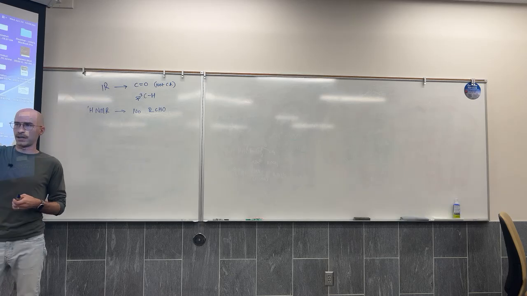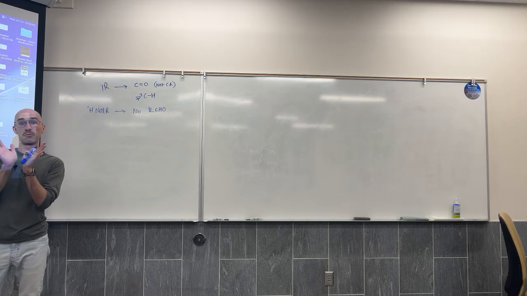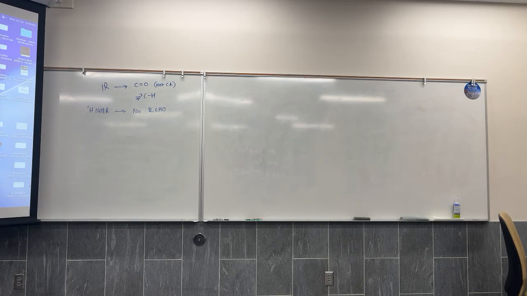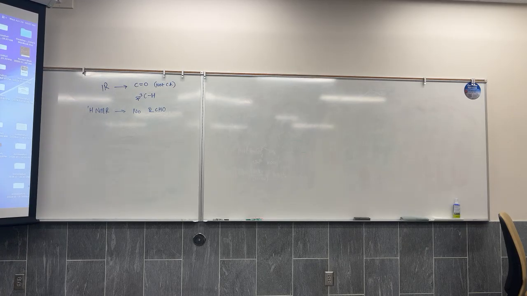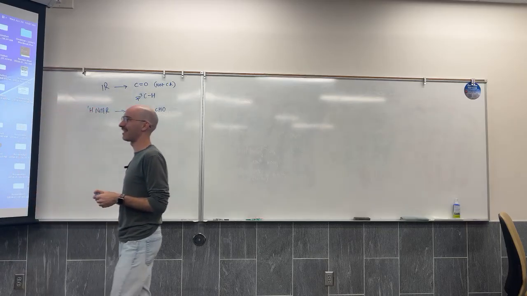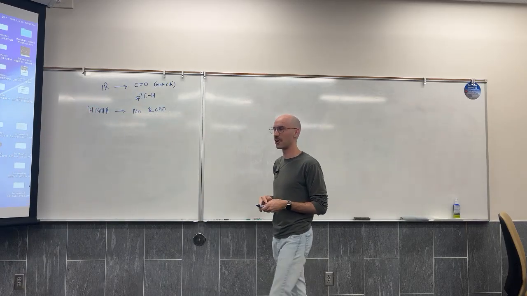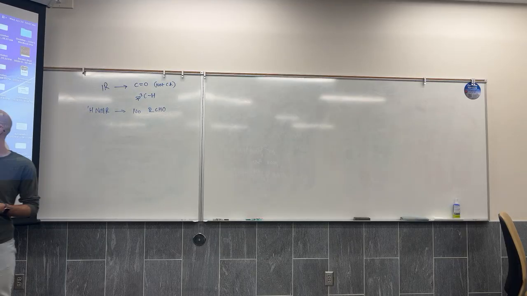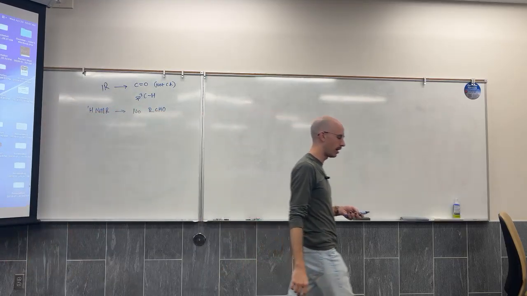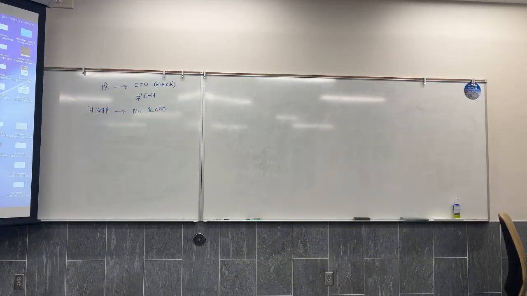Broad is not just a little bit wider, not really broad. There's no strong absorption in that 1,000 to 1,300 range, but then down here, there's a lot of absorption in that 1,000 to 1,300 range. So maybe this is a CO single bond, and maybe that's what we're seeing in our IR spectrum as well.